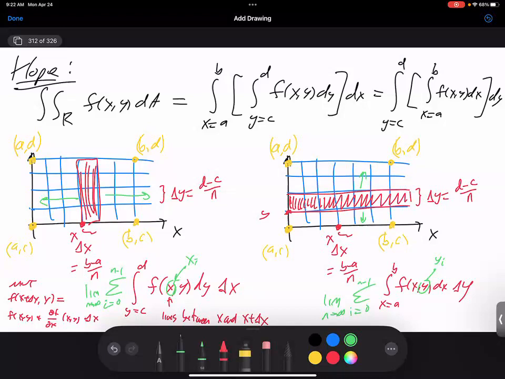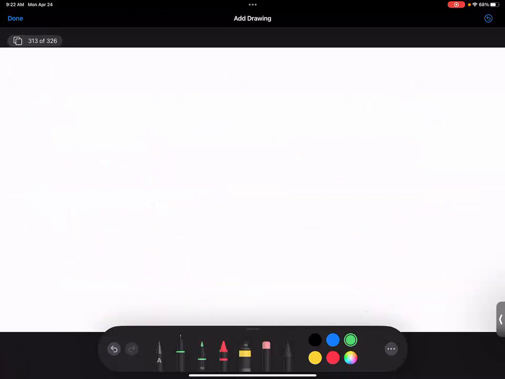So the next thing is we want to have a bunch of rules of integration. So essentially, all of the rules you know from Calc 2 extend.